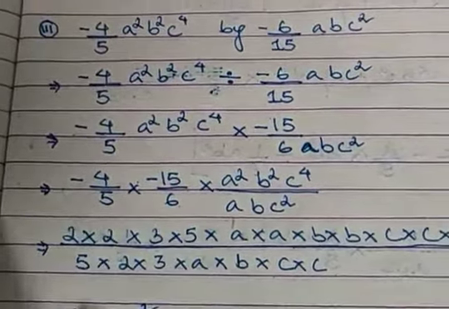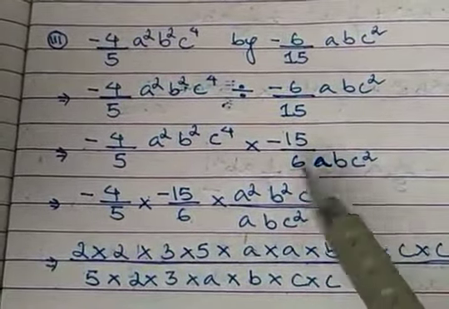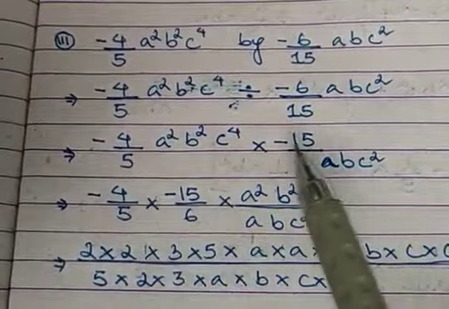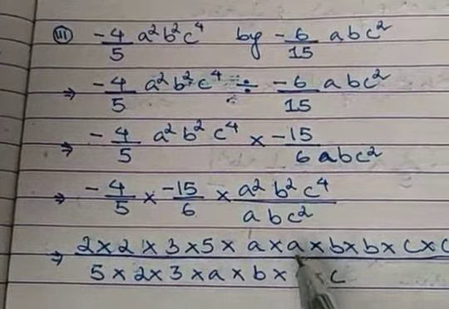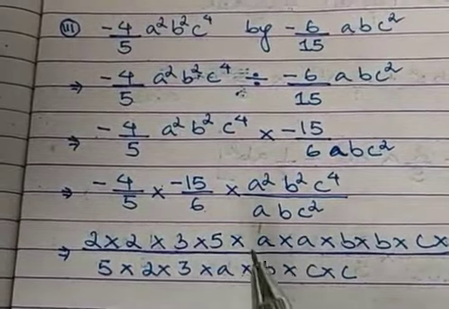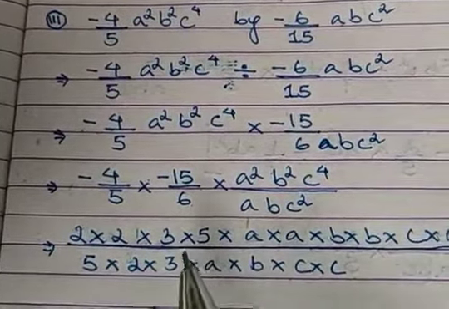Now after the question went from division to multiplication, we know that the constants will be multiplied. So I placed the constant terms first and then the variables afterwards. As I've already said, those who can cancel directly can cancel the terms, and those who cannot should take the prime factors.